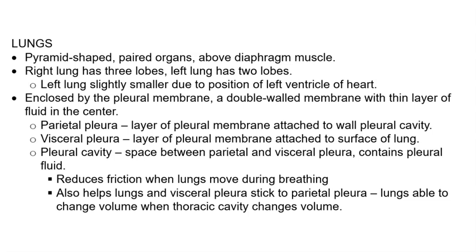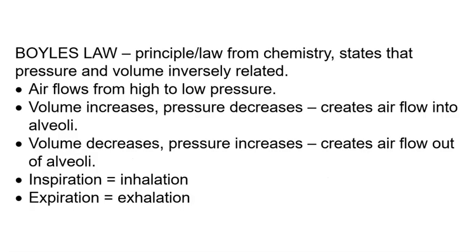So the fluid in there essentially also acts like a glue so that the lungs are able to follow what the thoracic cavity is doing in terms of changing volume during the normal inhalation and exhalation cycles of respiration. Next, we'll examine some of the basic physiological principles of the respiratory system, beginning with Boyle's law.